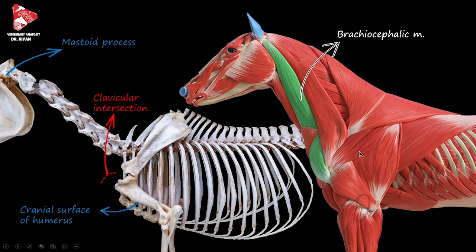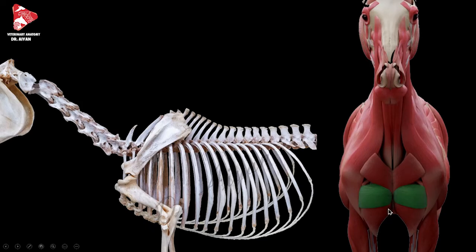Now let's move to the next muscle, and here I would like to talk about the pectoral muscles. In general, we have 2 pectoral muscles: the superficial pectoral muscle and the deep pectoral muscle. The superficial pectoral muscle has again 2 parts, pars transversa and pars descendens.